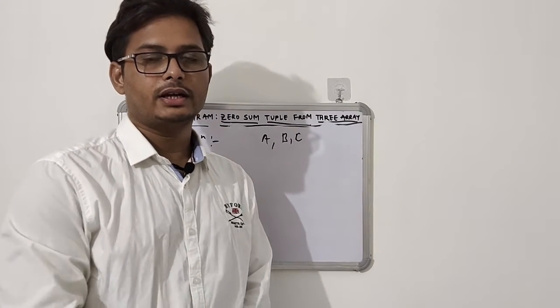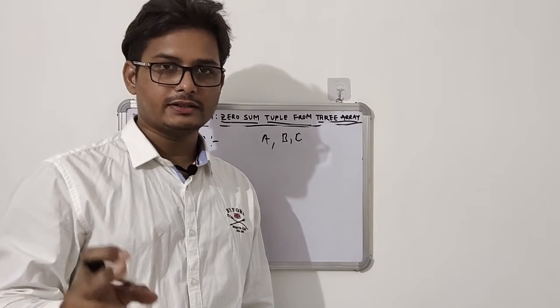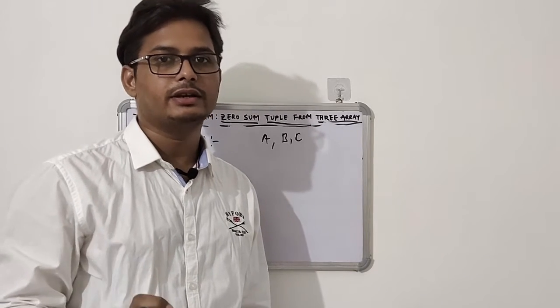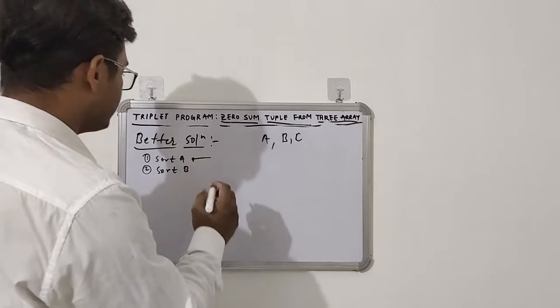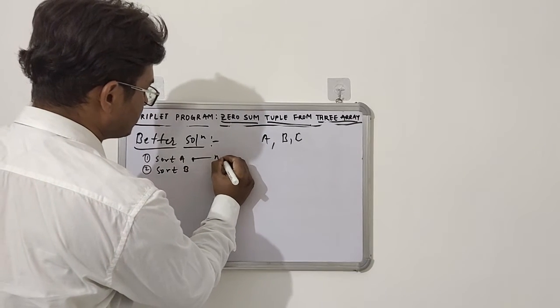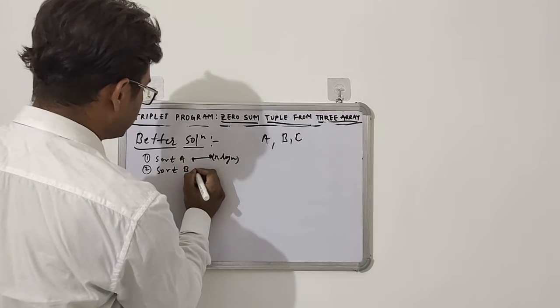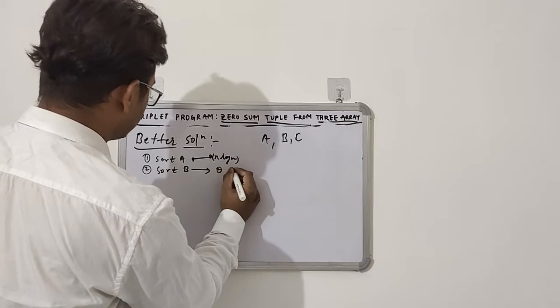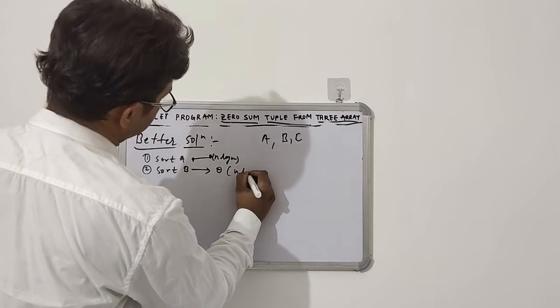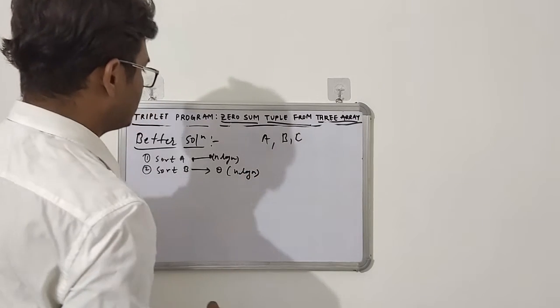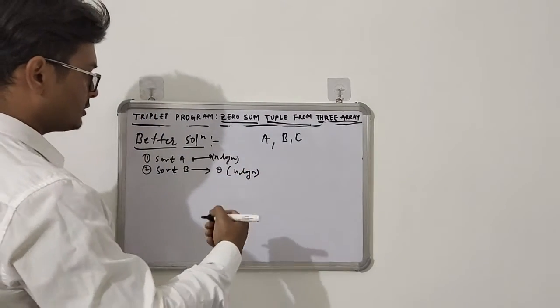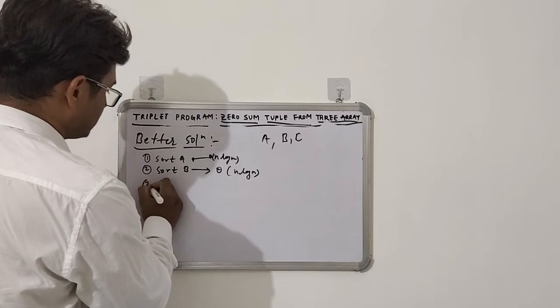We already know that array A has n elements, array B has n elements, and array C also has n elements. So sorting will take n log n time if we apply merge sort or heap sort.